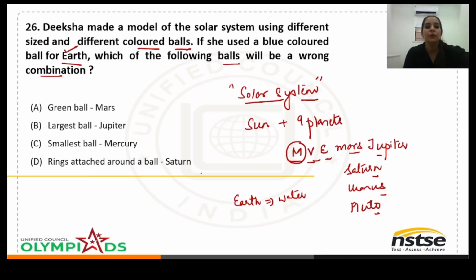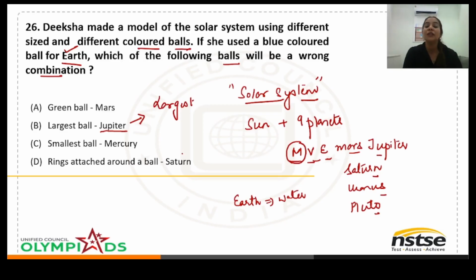Now let me tell you about this. If I talk about Jupiter first, the ball she used is the largest ball. So this is correct. The reason being, Jupiter is the planet which is largest of all.